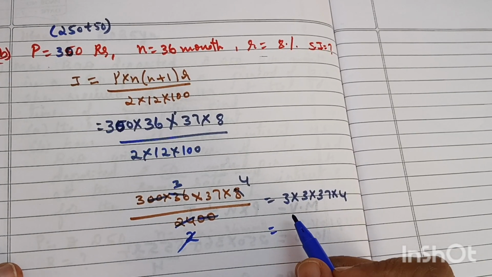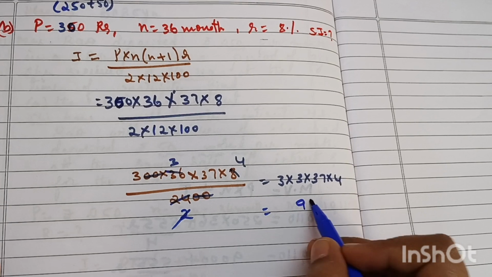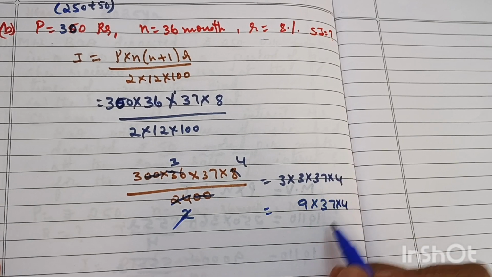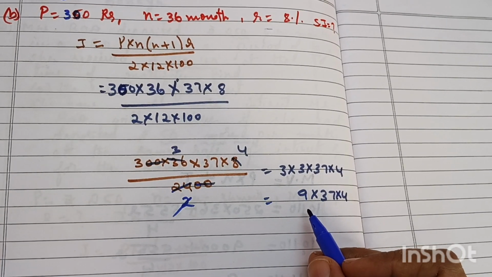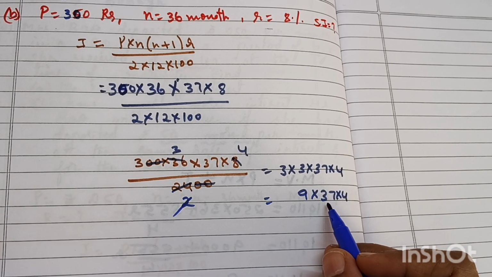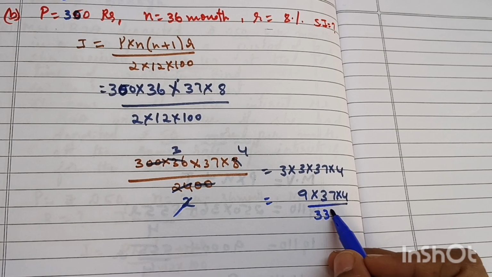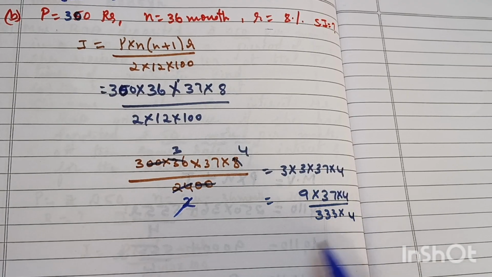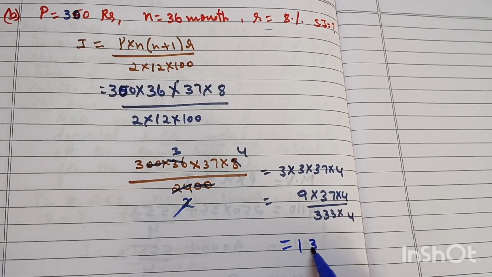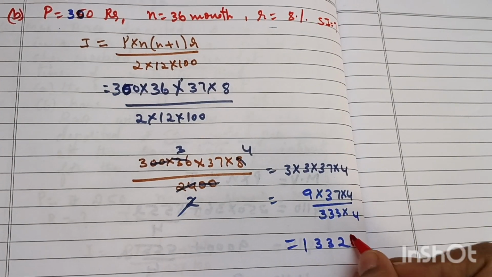How much is 3 into 3? 9. 9 into 37 is 333. 9 into 37 gives 333. 333 into 4 means we get the answer as 1332 rupees.